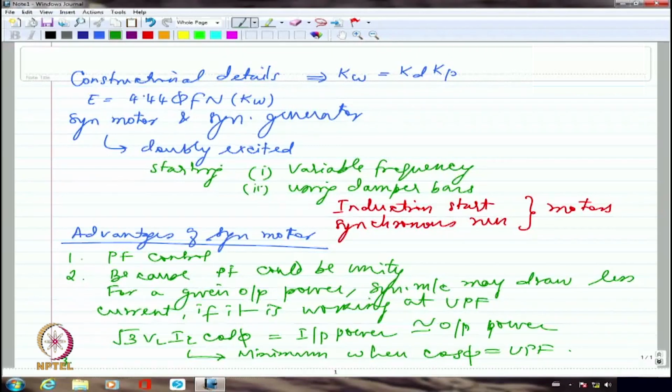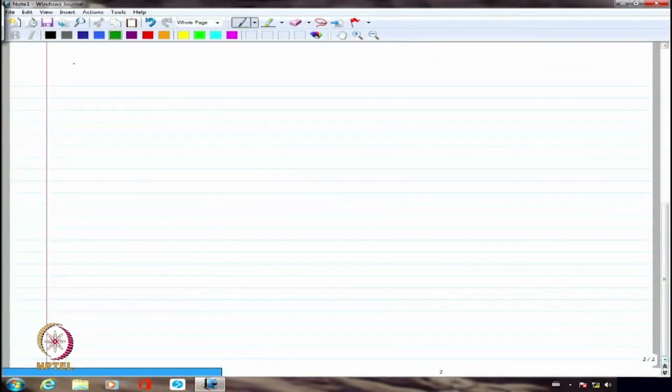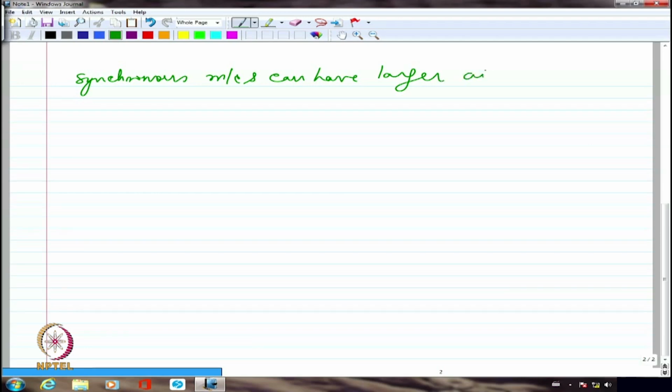So that is the reason why induction machines cannot have a larger air gap, whereas synchronous machines can have larger air gaps, because this is not going to affect the armature current or armature power factor.